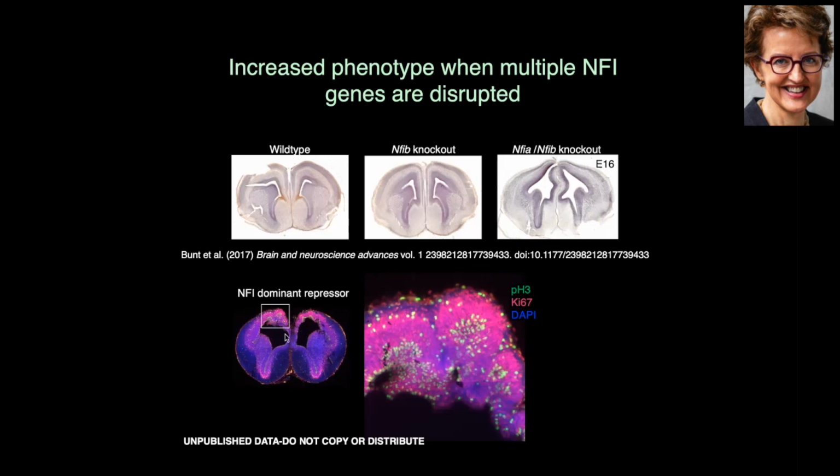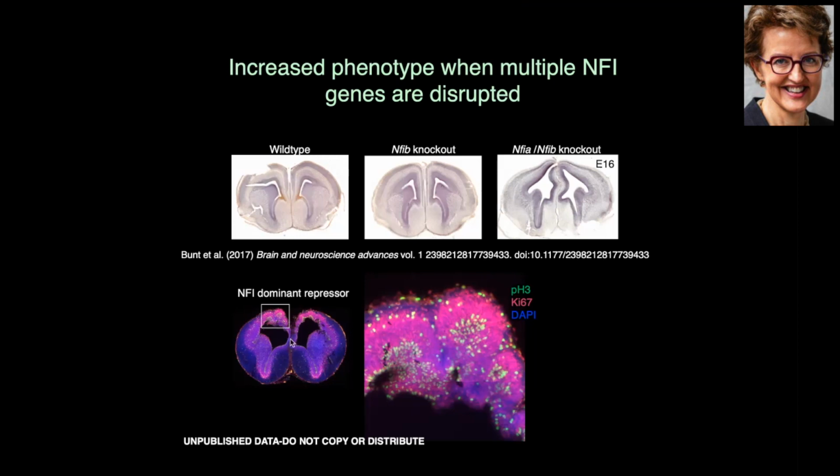And what that does is confines the mutation just to this dorsal part of the brain where EMX1 is expressed. And the dominant repressor represses all downstream targets of any NF1 family member. They actually all have the same DNA consensus binding domain, so that made it easy.